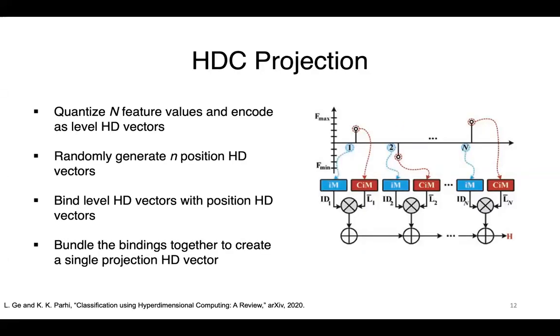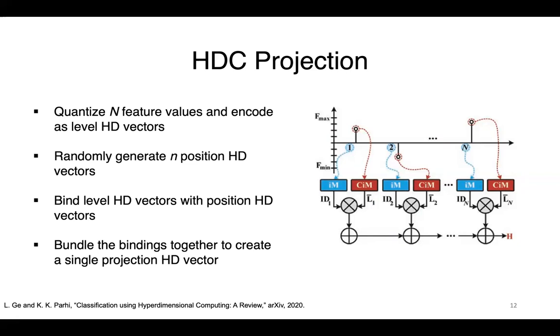So I just want to highlight some connections between the projection method of intRVFL we just talked about and conventional projection methods in HDC. So in particular, the method used in intRVFL is almost entirely similar to the record-based encoding used in HDC. So in record-based encoding, a feature vector has each of its n feature values quantized to d different levels.